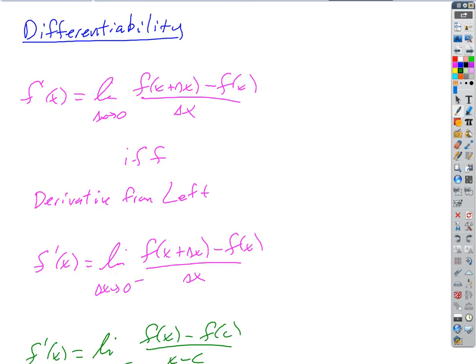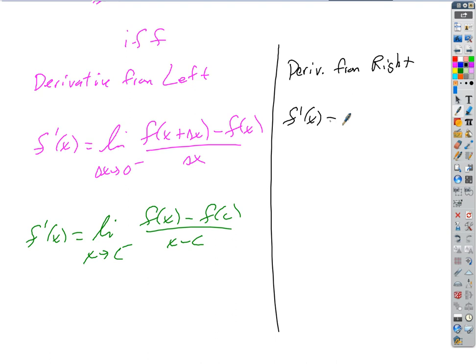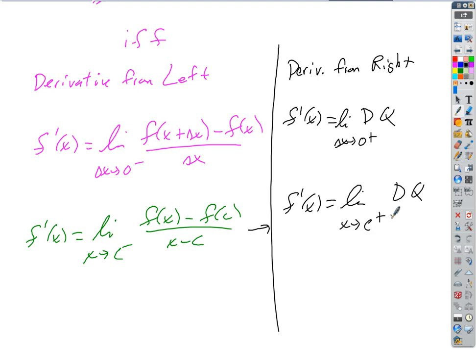And then the derivative from the right. You know what's coming. We'd get f prime of x equals, I'll just call it the difference quotient, the limit of the difference quotient as delta x approaches 0 from the right, or we get the limit of the other difference quotient as x approaches c from the right.